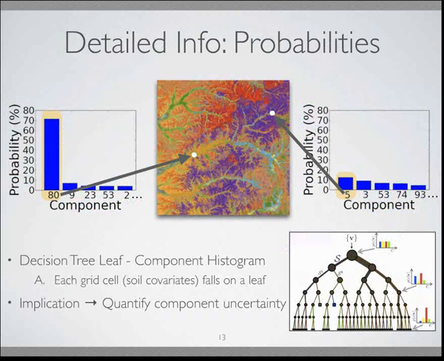And why we think this is very valuable is because it moves beyond simply only providing a prediction at each point. Instead, it provides the probability. Since you have the leaf and at the leaf you have these histograms, you're effectively associating each grid point given its covariates to one of the leaves. And so because you're at a leaf, then you have an entire histogram of all the soil components.